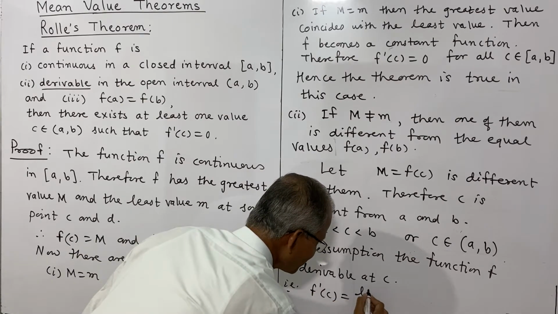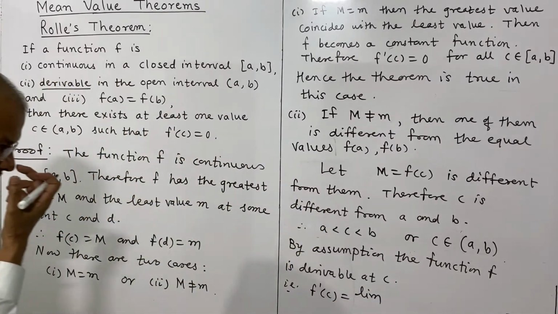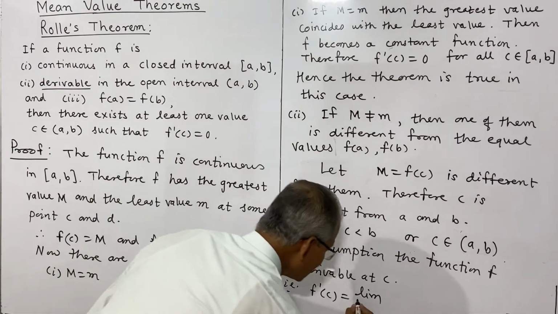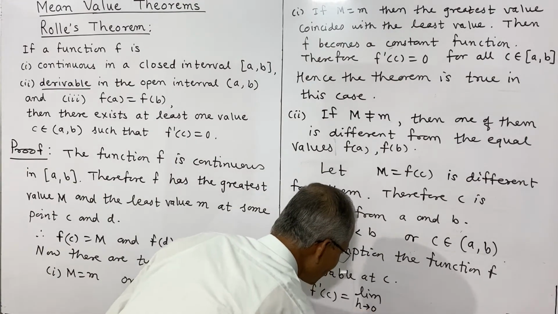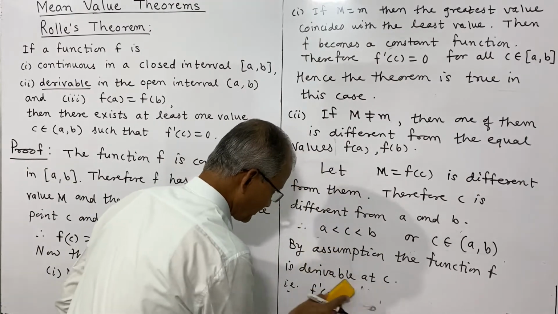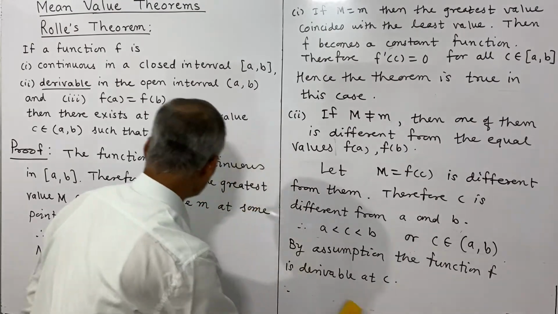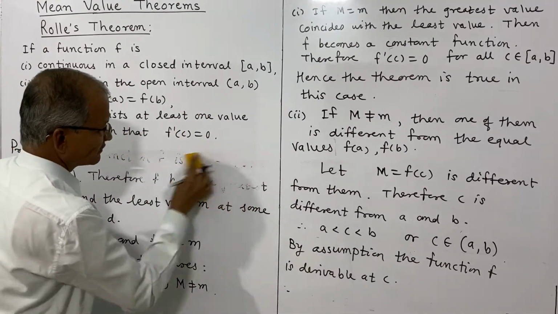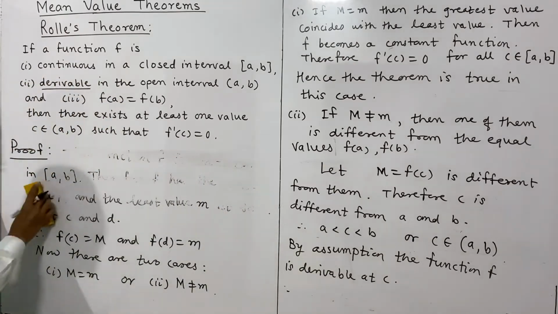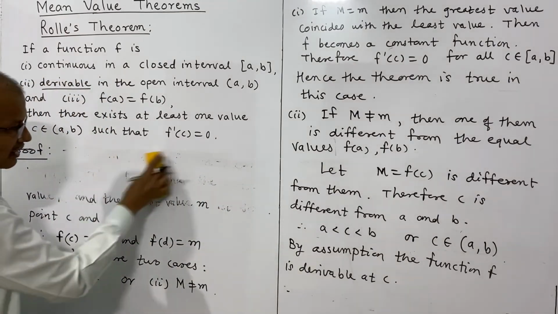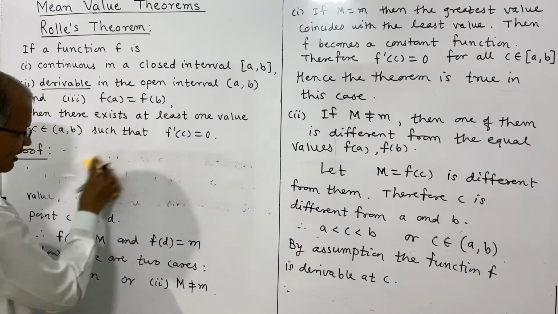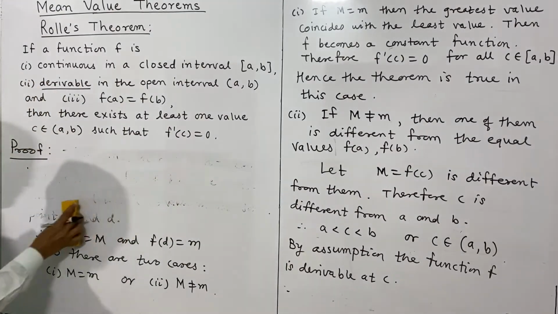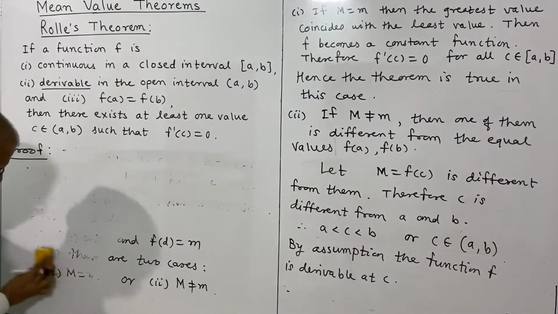And what is f dash of c? In the form of limit, we have limit h tends to 0. The function f is derivable at c, and therefore f dash c exists. Derivable means the derivative exists.